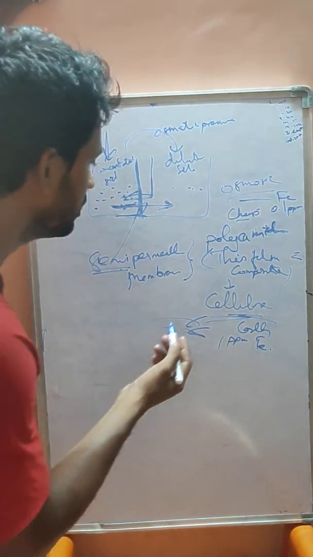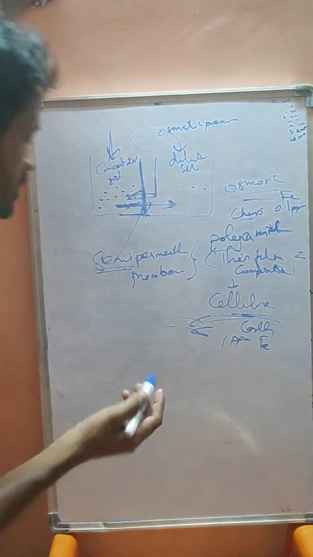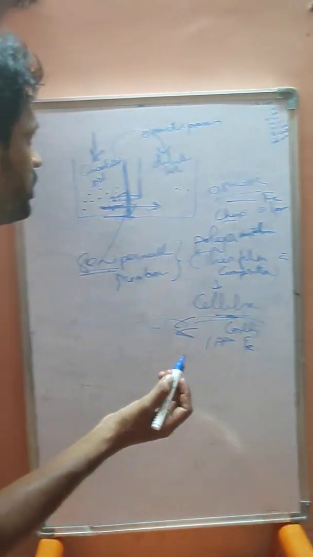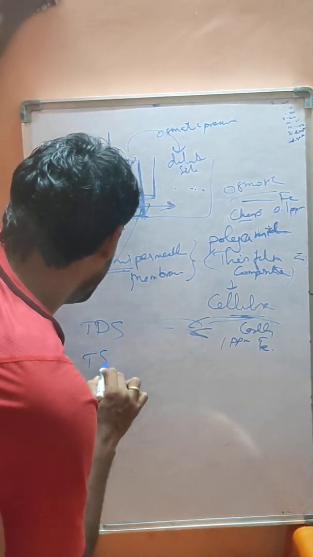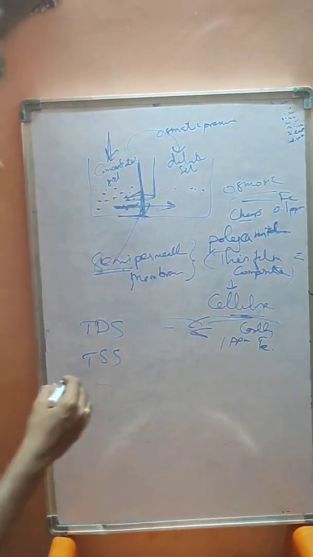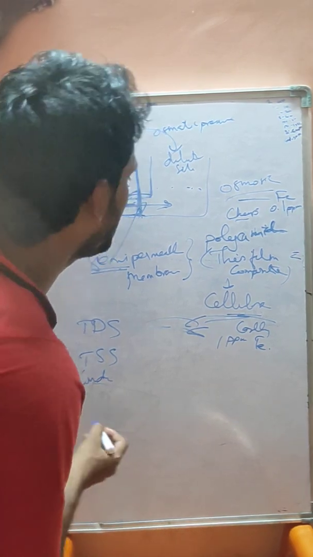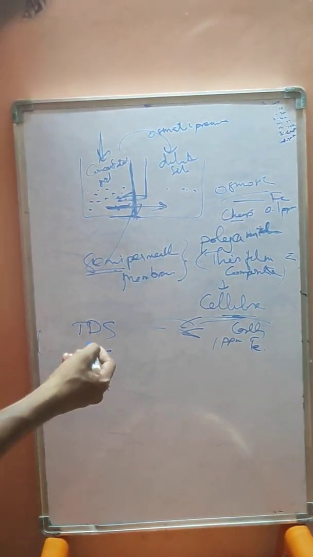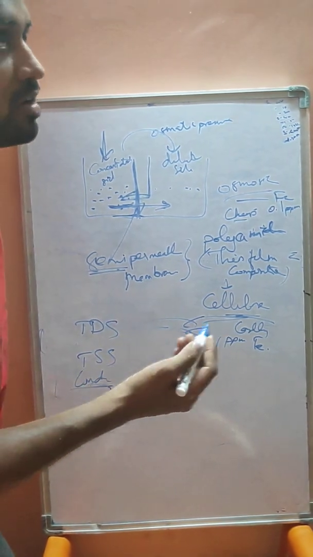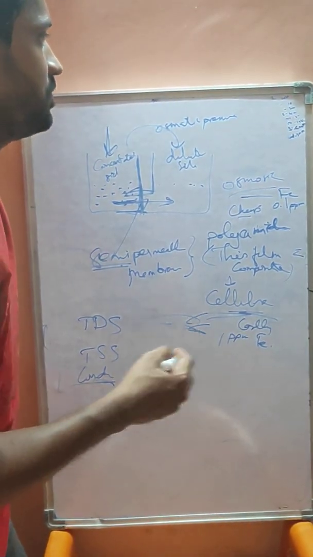Now let's go to the RO outlet spec. For the RO outlet we mainly follow TDS, TSS, and conductivity. Conductivity we mostly don't check for RO water; we check it for DM water only, because DM water is used in boilers and all. I'll explain the DM water plant later.